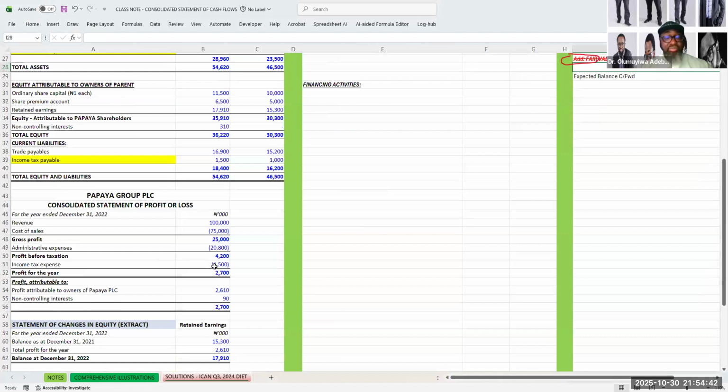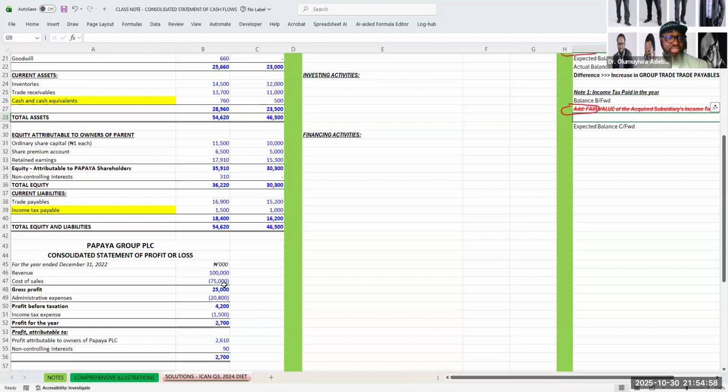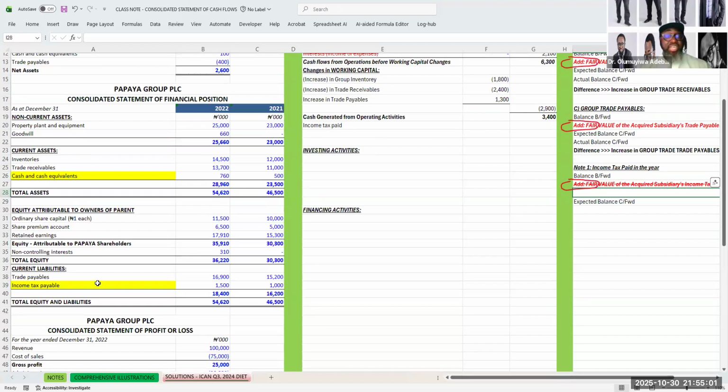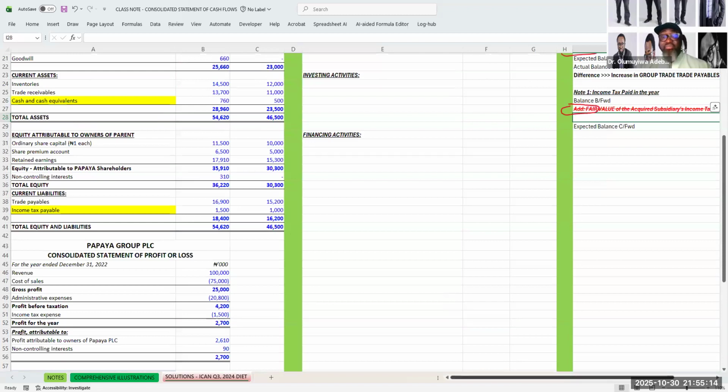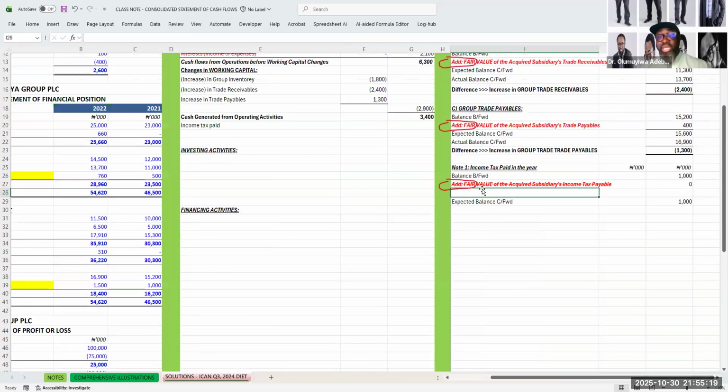Our income statement shows that we have 1.5 million charged in that year, income tax expense. But we are aware that income tax expense is made up of 2 components, current tax and deferred tax. But in our balance sheet, we have no information of deferred tax. Therefore, it means every bit of this income tax expense is exactly current tax because there's no deferred tax there. Therefore, the adjustment I would have made by separating current tax from deferred tax will not be required because all are my current tax.